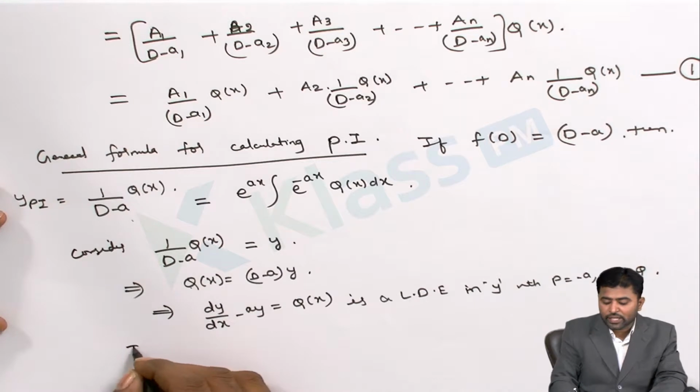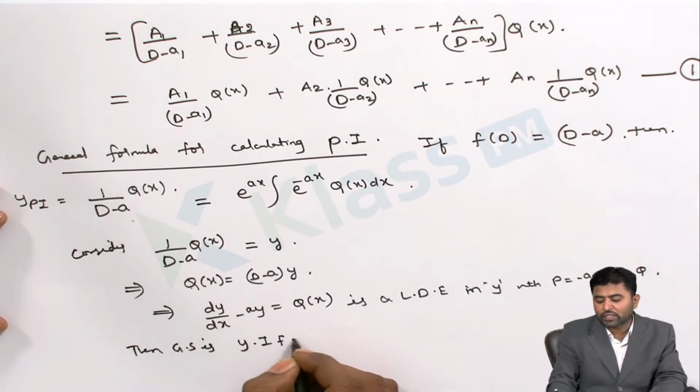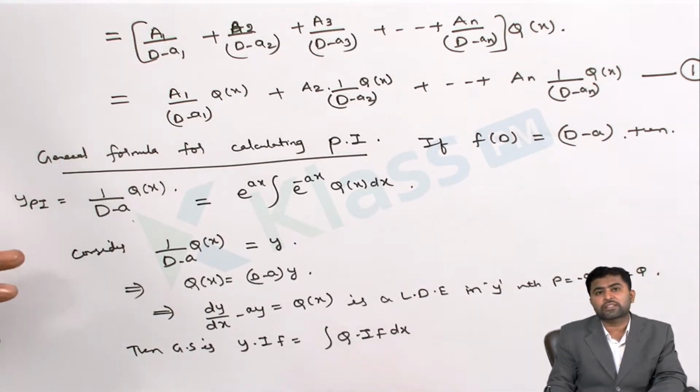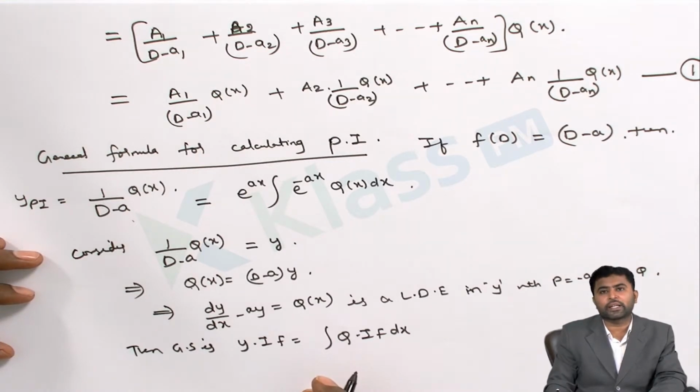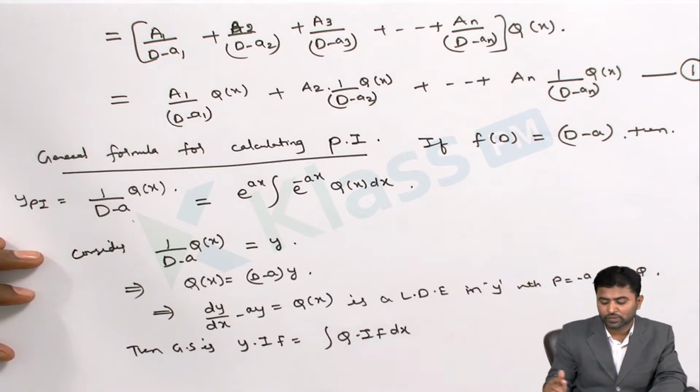Right? Then the general solution is y into integrating factor is equal to integral of q into integrating factor dx plus c. But as we are discussing the topic particular integral or particular solution, we know that it doesn't contain any arbitrary constant. So therefore I won't use any arbitrary constant over here.